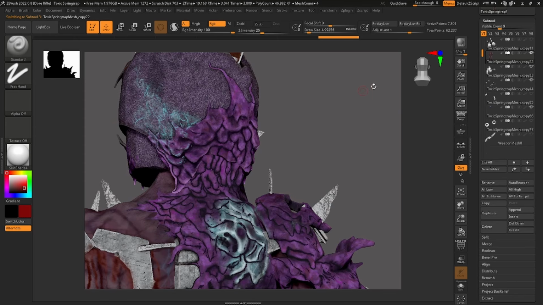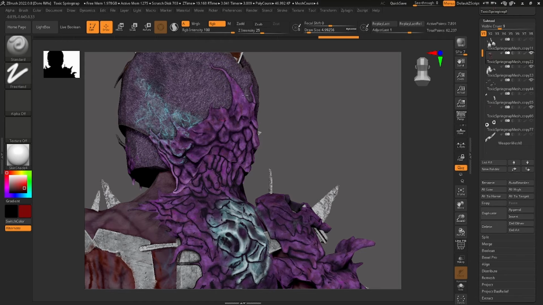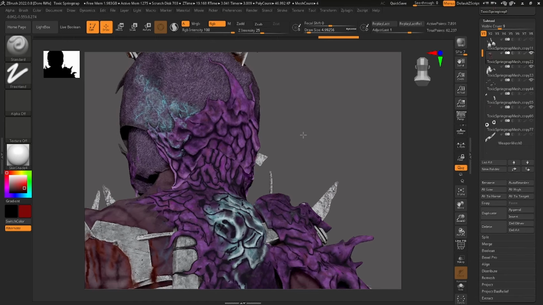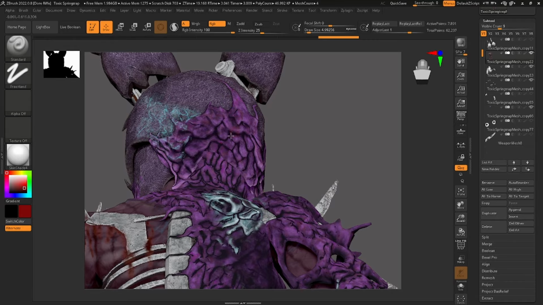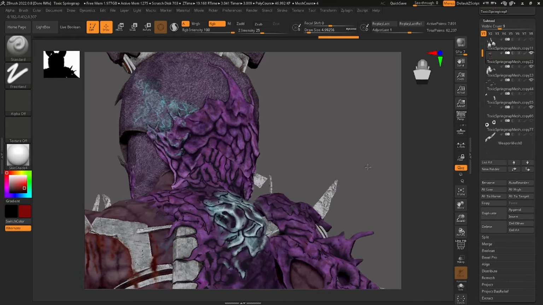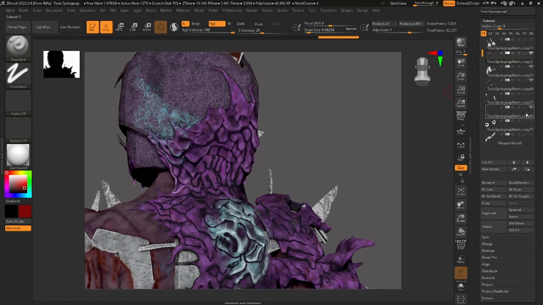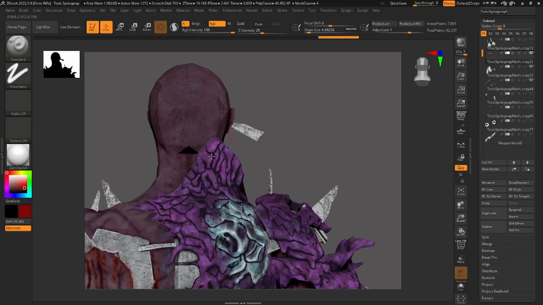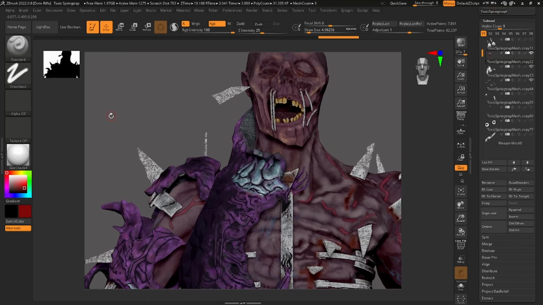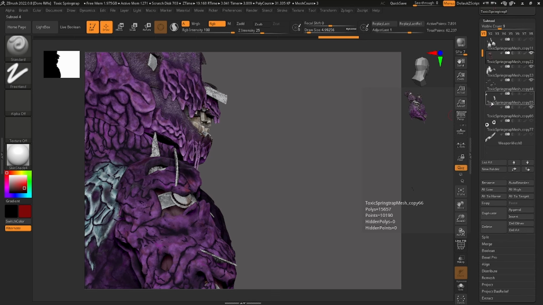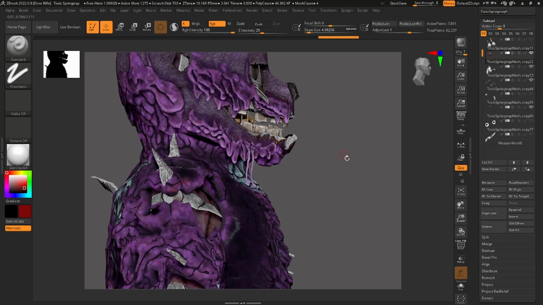That might be a design choice to hide his neck, or to give the sense that it's one piece, like the head is beginning to corrode and melt down. They just pulled this up to make it look like one piece, to give that sense of melting down.